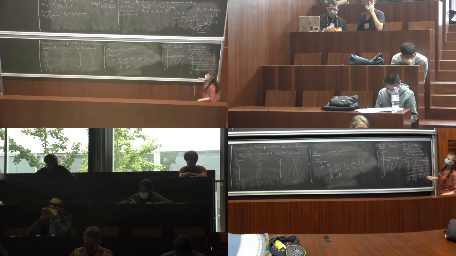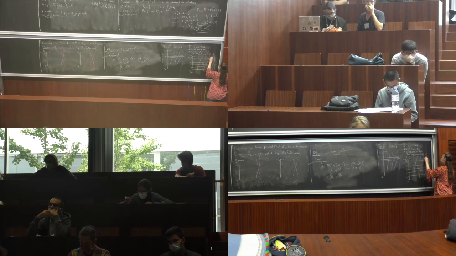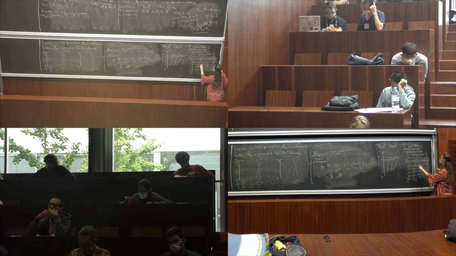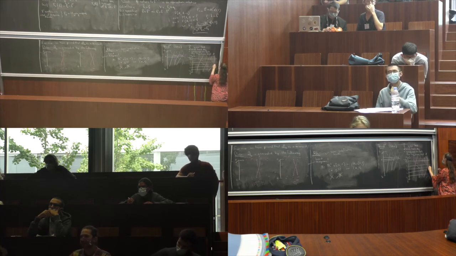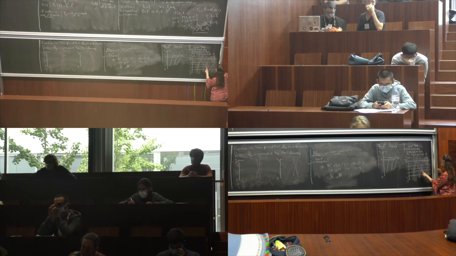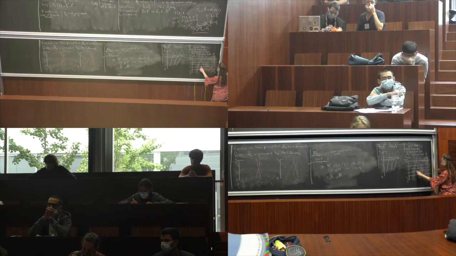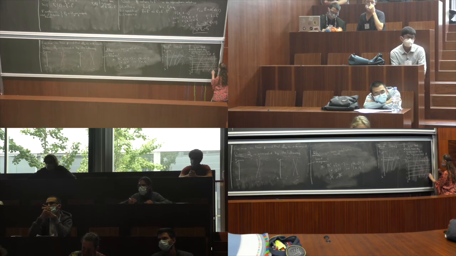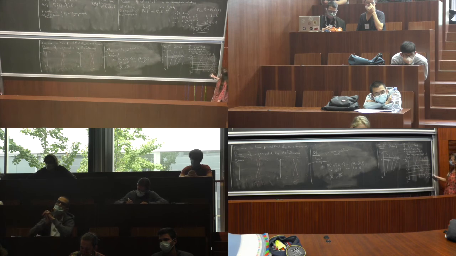So here I have sigma 3 plus. Here I have sigma 1 plus. Here I have sigma 4 plus. Here, do I have only pluses? Probably. Sigma 2 plus. Sigma 3 plus. Sigma 4 plus. You can do an example with minuses, not like mine.